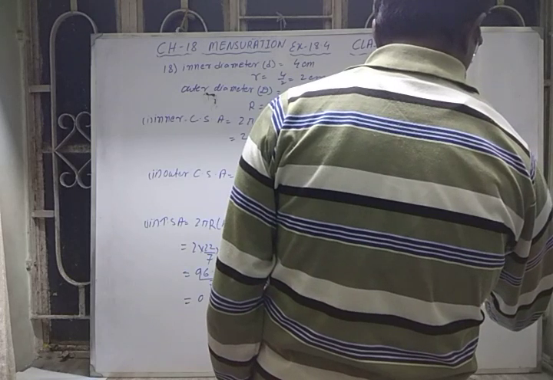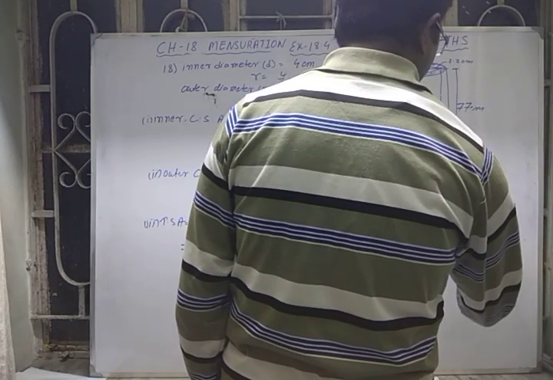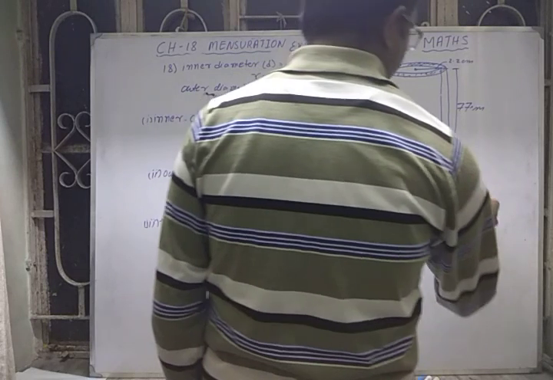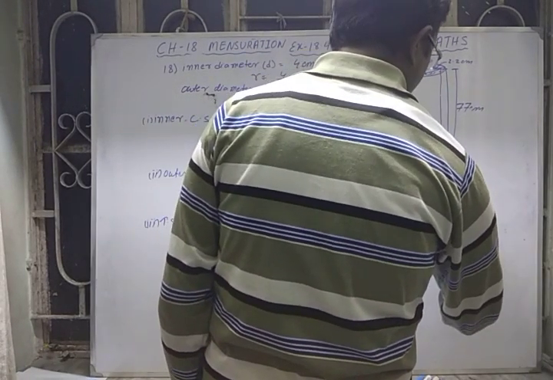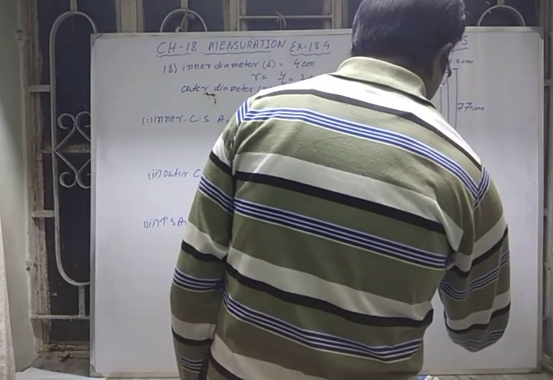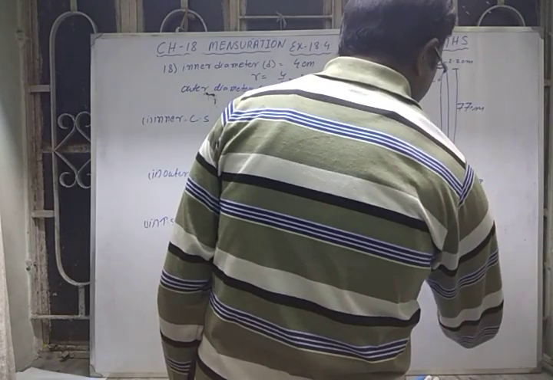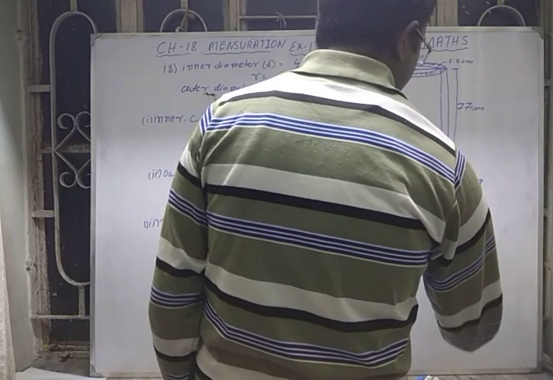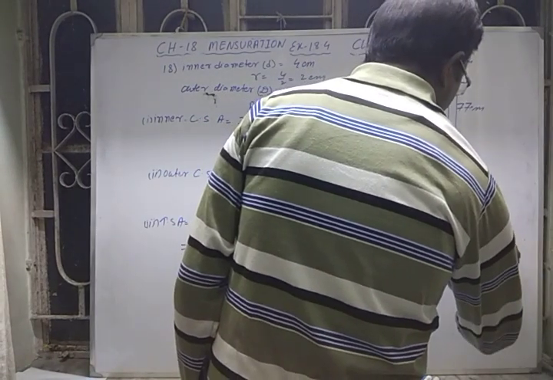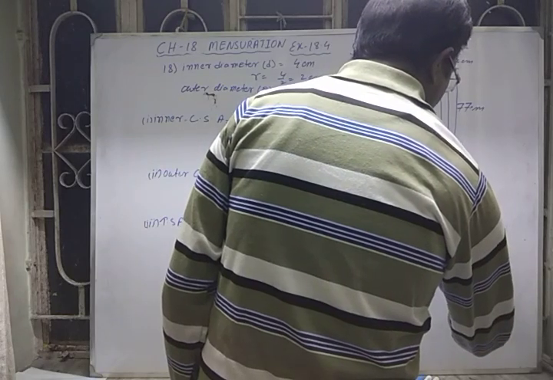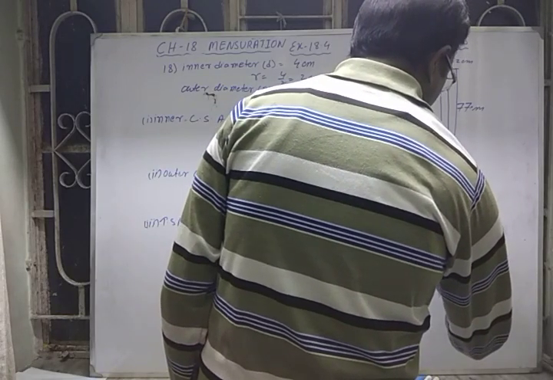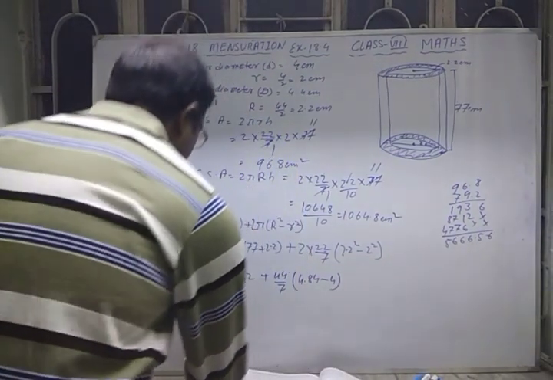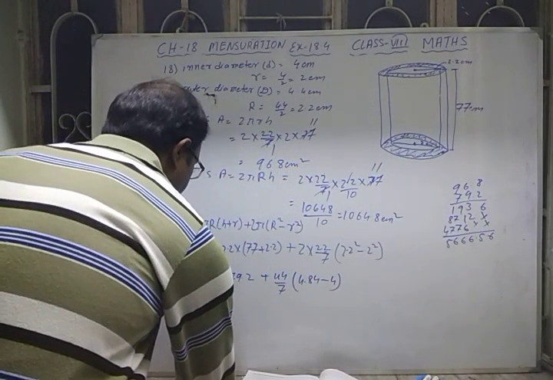So 2 8s are 16, carry over 1, 2 6 is 12, 1 13, 1 18 and 1 19. 7 8s are 56, 7 9s are 63, and so on with the carry overs. So the product comes to 5666.56.